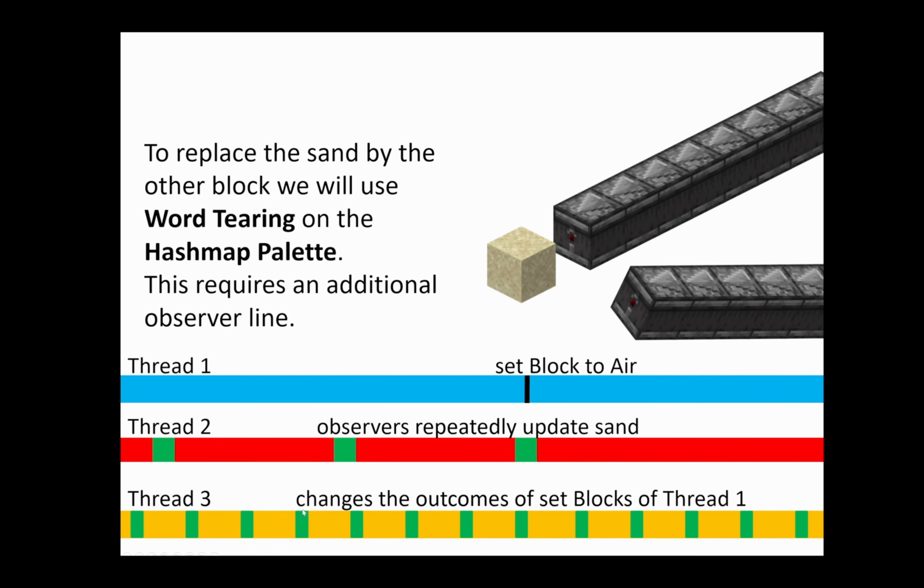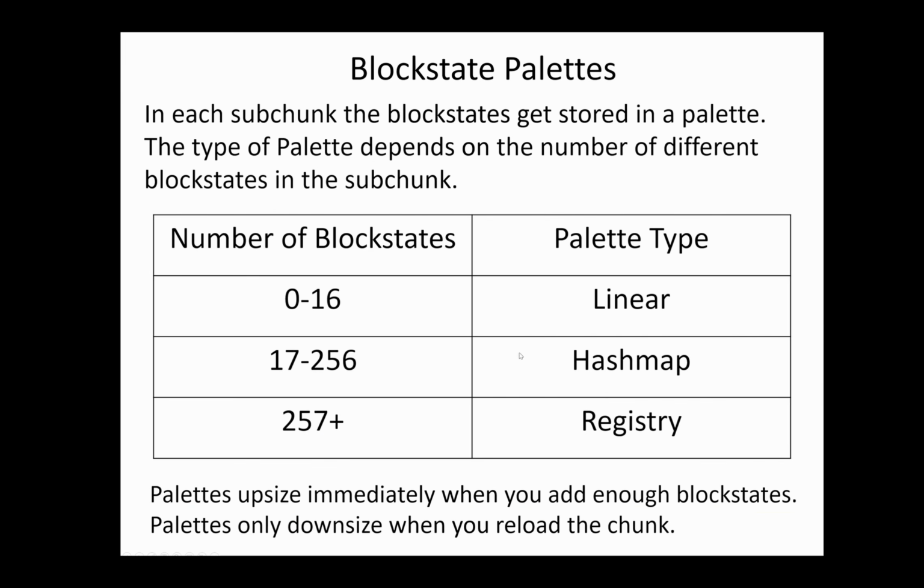So this third thread will change the outcomes of the set blocks that are being done on thread 1. And then we also have the observers updating the sand. So essentially everything happens at the same time, and then we can get a falling end portal.